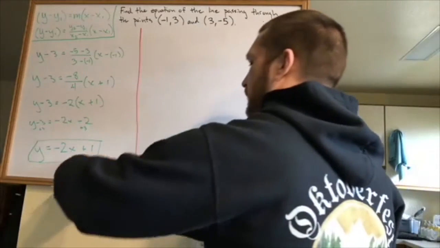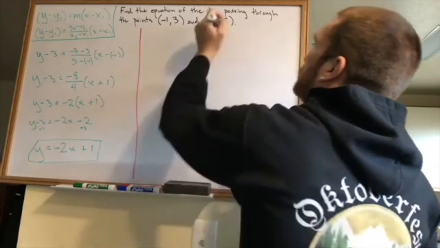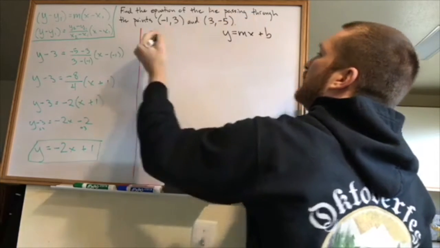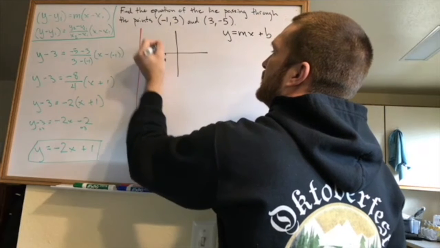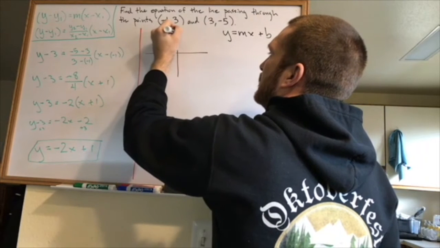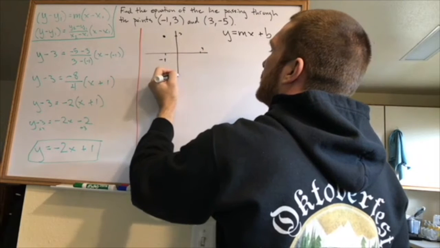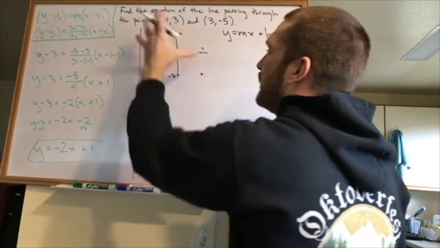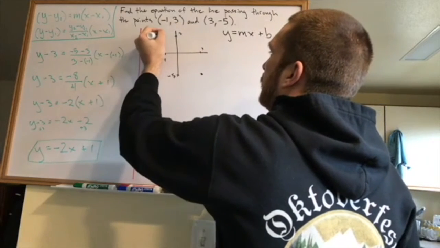Now, let's do it this way. Find the equation of the line passing through 2 points. So I'm looking for y equals mx plus b, and I'm going to graph these guys. -1 is there, 3 is there. We have 3 and -5 is down here. I don't care what the measurements actually are. So let's find the rise.